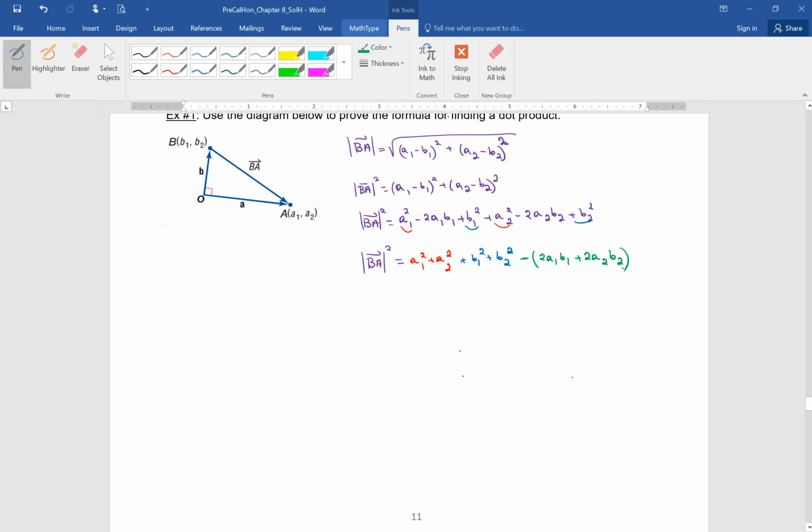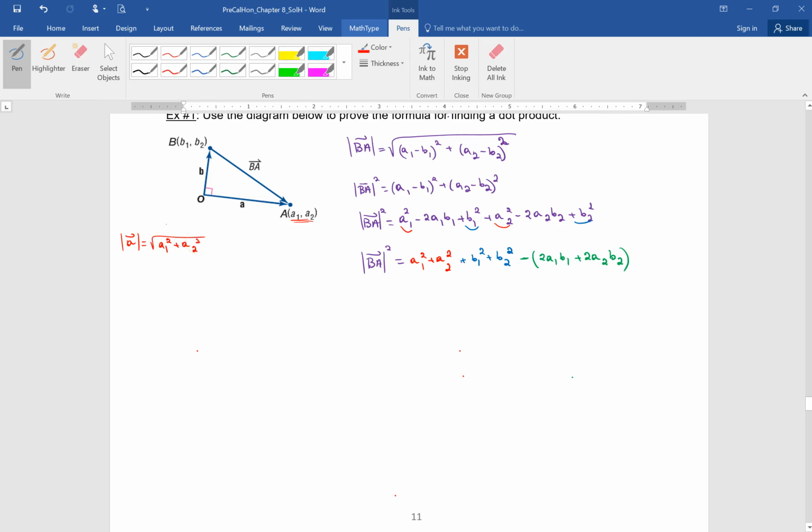All right. Now, what have we done really? Let's go back to our original diagram. Okay? Here is vector A, and here is vector A in component form. Okay? How would we find the magnitude of vector A? The square root of A1 squared plus A2 squared.